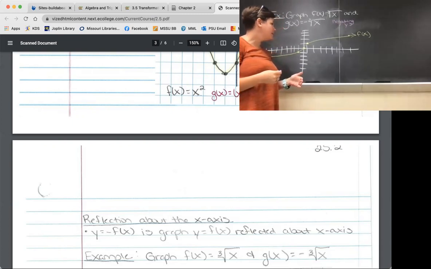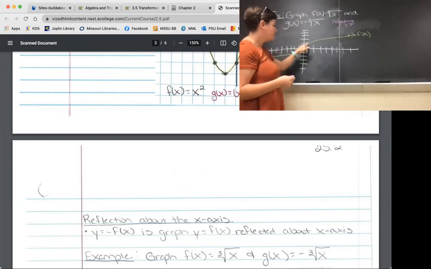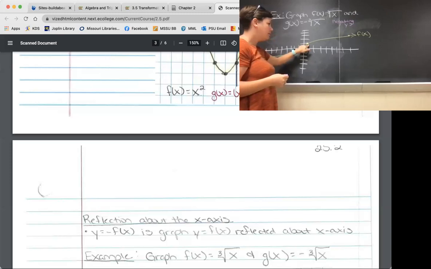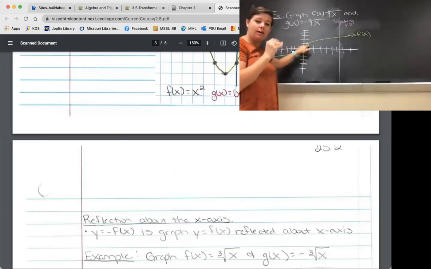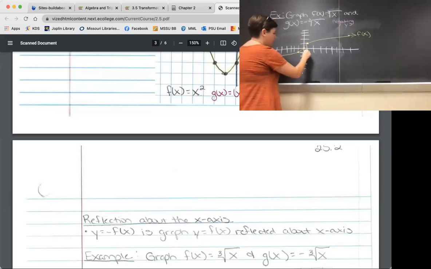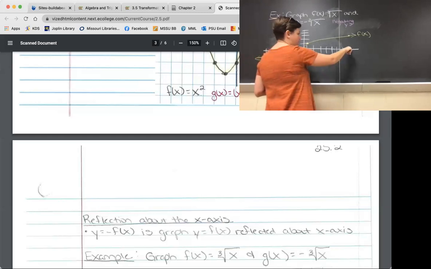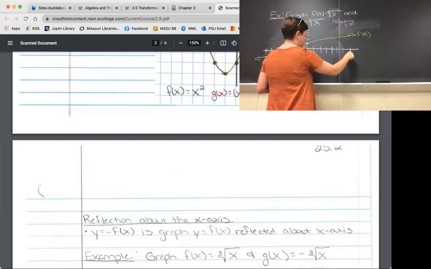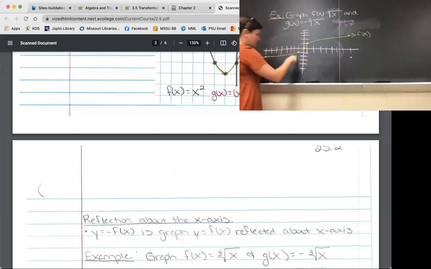So what that means is that instead of having 1, positive 1, if I'm negating my y's, I'm changing the sign on my y's, so I'm going to have 1, negative 1. Instead of having 8, 2, I'm going to have 8, negative 2. Instead of having negative 1, negative 1, I'm going to have negative 1, positive 1.